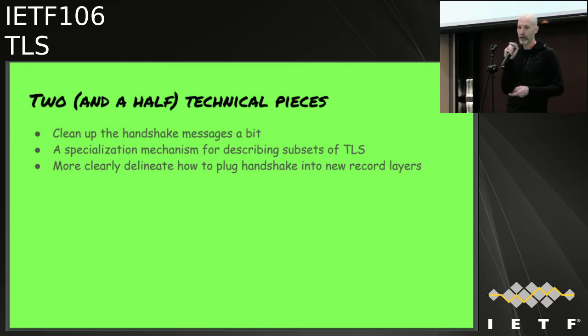Finally, more clearly delineate the handshake and the record cut, so you know exactly where to cut. This last piece actually doesn't really appear in the spec, but I'm pitching it now, and it's not quite clear from a spec mechanics way how we do it, because what you'd really like is to go back and rewrite 8446, but in practice you probably want to write a meta document which says these are the pieces you would need and these are the cut points, and in particular this is what you depend on or not.